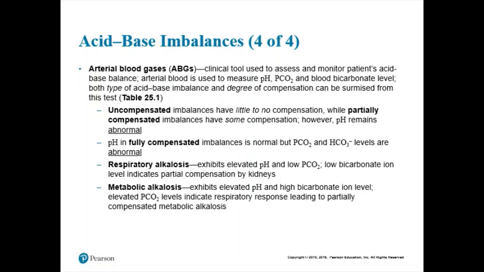And you're going to have some compensation in the lungs. How? It's going to cause hypoventilation to cause you to hold on to carbon dioxide. So I will also see a high PCO2. So if I see these three things, a high pH, a high bicarbonate, and a high partial pressure of carbon dioxide, high PCO2, well, you're undergoing metabolic alkalosis.